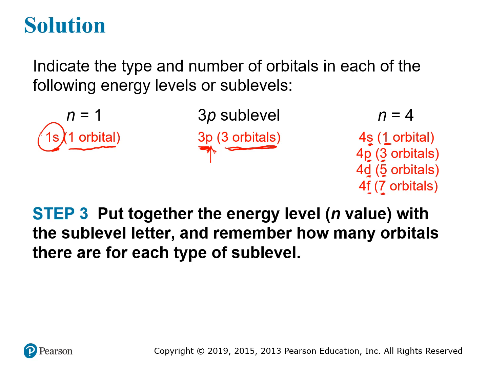So to answer this question, right, it says indicate the type and number of orbitals in each of the following energy levels or sublevels. So in the entire n equals 4 energy level, you have a single 4s orbital, you have a set of 3 4p orbitals, you have a set of 5 4d orbitals, and you have a set of 7 4f orbitals.